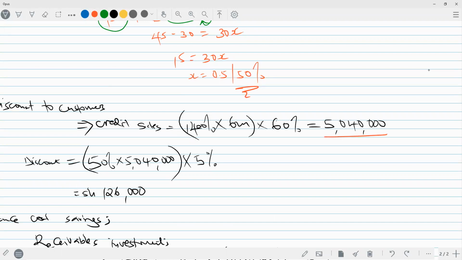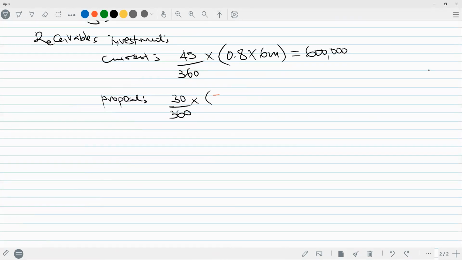The sales on credit is equal to 50/40, so times 50/40. So how much will the investment be if we implement the proposal? It will be equal to 420,000. Therefore, the company's investment towards the accounts receivable after they implement the proposal, the decrease is equal to 180,000.